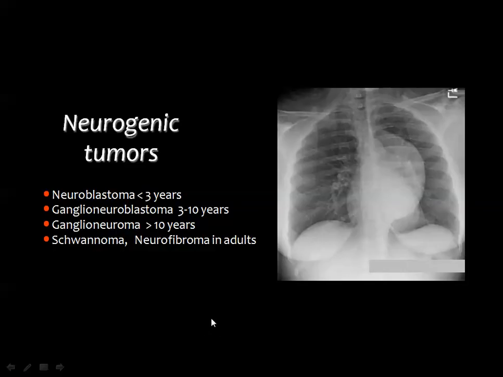Then these are the neurogenic tumors, starting by the neuroblastoma, which is seen below the age of 3 years, the ganglioneuroblastoma, which is an intermediate form seen in the age of 3 to 10 years, and the ganglioneuroma seen in the age above 10 years old, and finally the schwannoma and neurofibroma, which are benign lesions seen in adults.